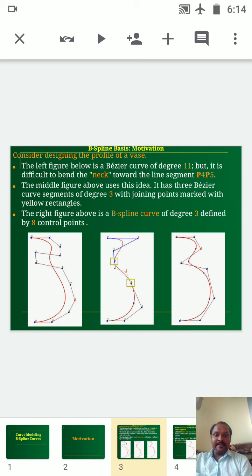So between the Bezier curve and the B-spline curve, the difference is the number of control points. In the Bezier curve, at the neck point, wherever the curving will be there, in that curving area we are very sure to create the control points. In the Bezier curve we are creating the tangential line.